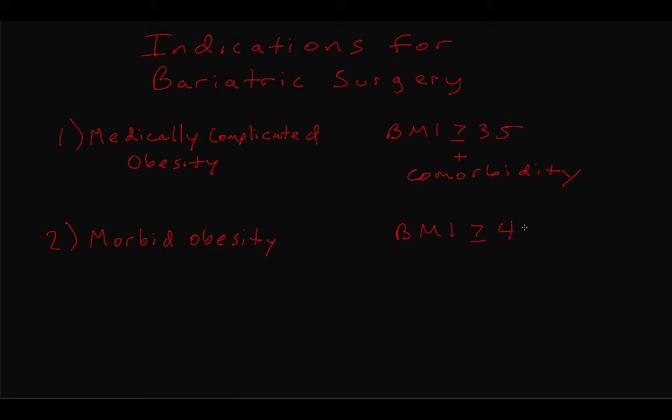These criteria are somewhat arbitrarily defined and are based on the National Institutes of Health Consensus Conference criteria established in 1991, but they are posited to reflect a burden of obesity severe enough where the risk of morbidity and mortality from the disease outweighs the risk of a bariatric operation.